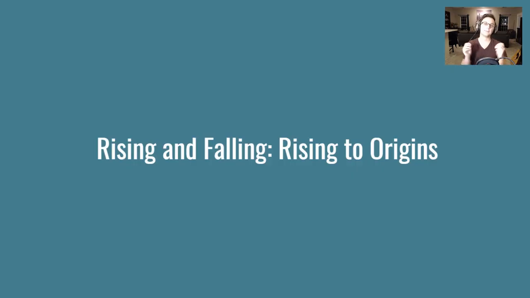Now that we understand the playoff system as a whole, we're going to move on to probably the most controversial and contentious issue in this rules video, and really the reason the rules video is being put out: the rising and falling. First we're going to talk about rising to Origins, because this is a system that was changed and will be taking effect in season 4.